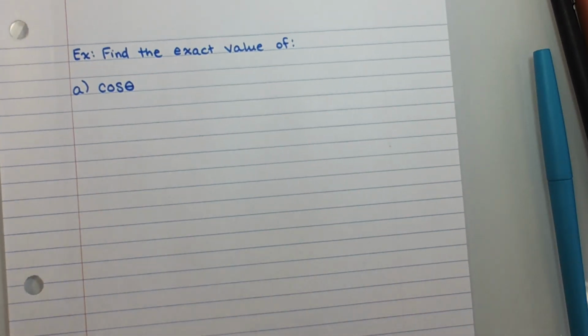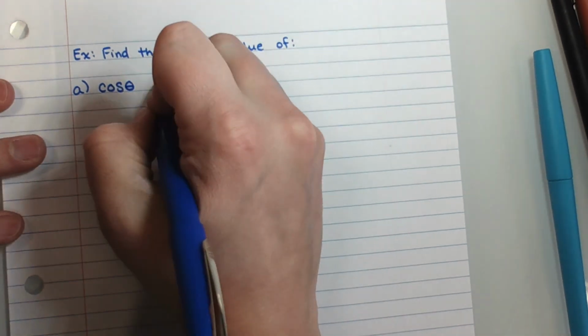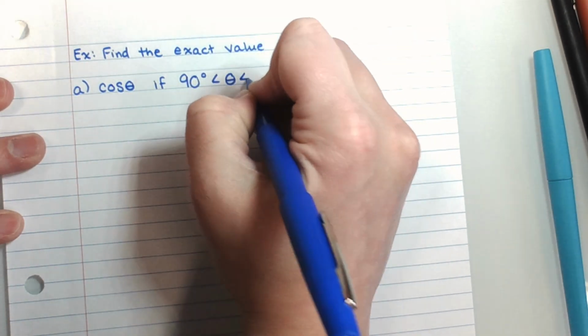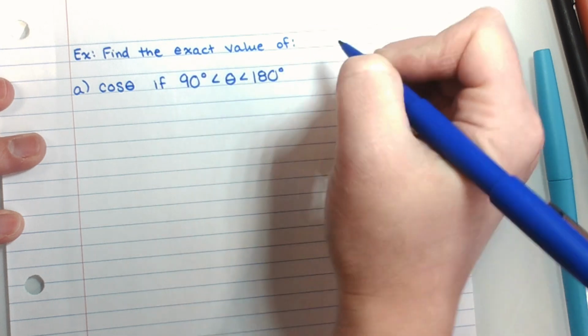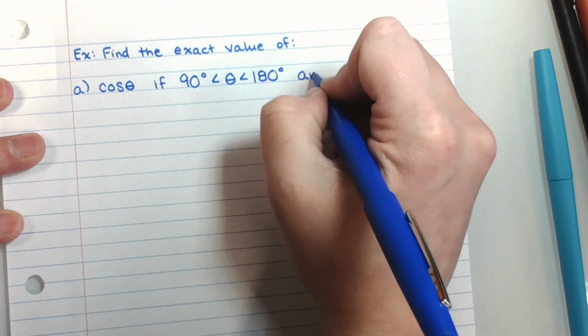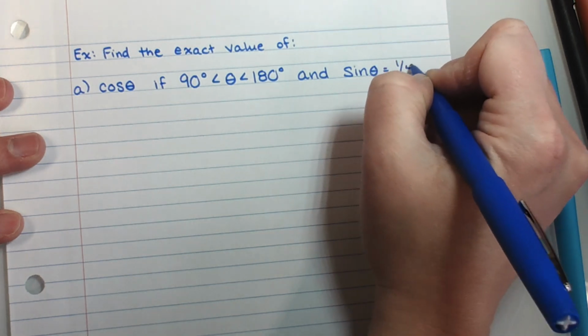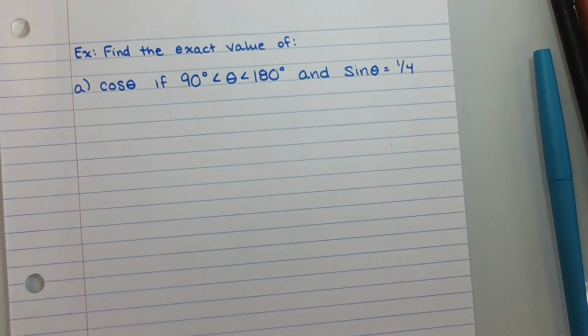Like find the exact value of cosine of theta if 90 degrees is less than theta is less than 180 degrees and sine of theta is equal to 1/4. There are 2 common ways to do a problem like this one.